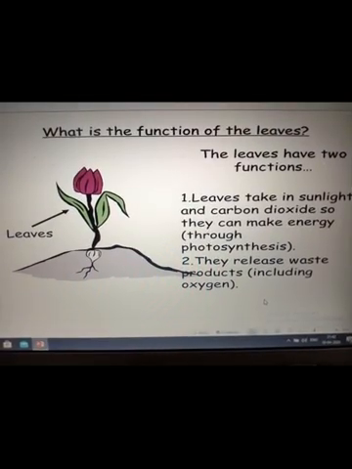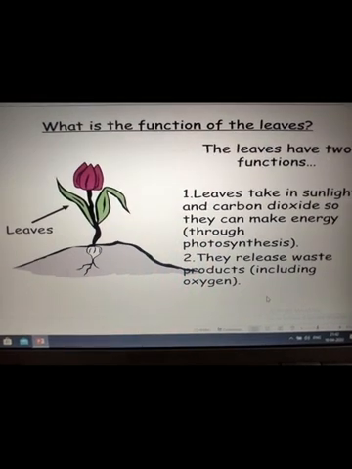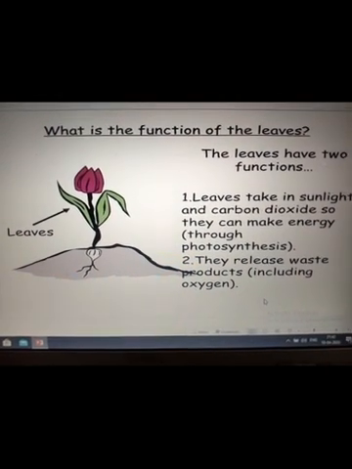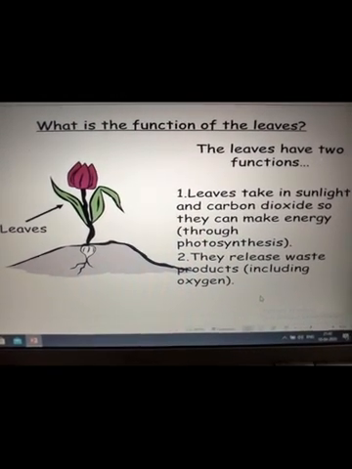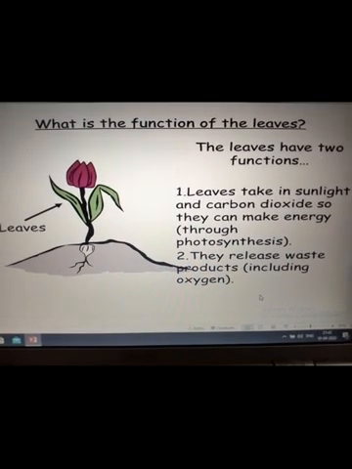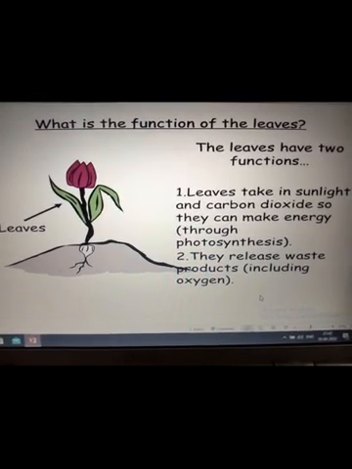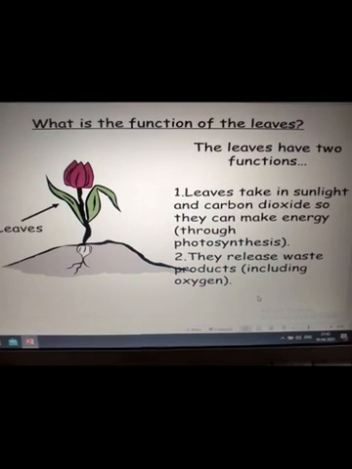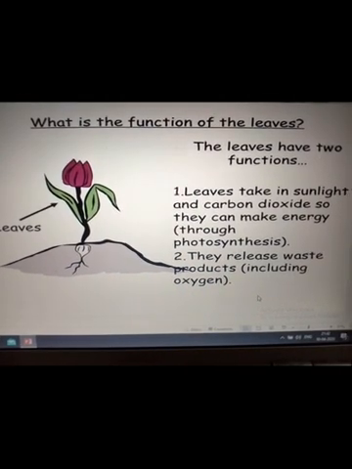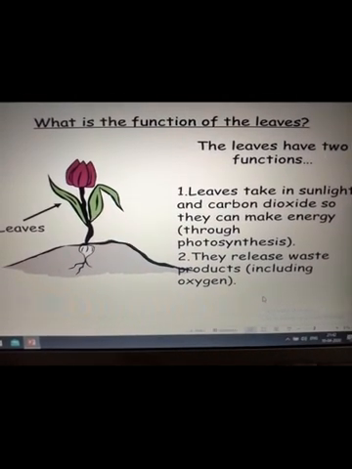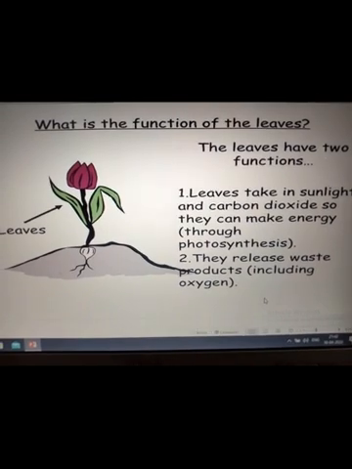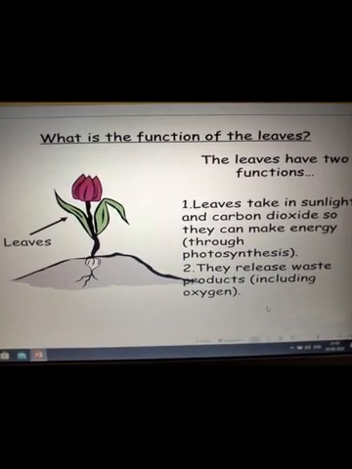Next is leaves. What is the function of leaves? Leaves take in sunlight and carbon dioxide so they can make energy. Energy means food. So they can make food by the process of photosynthesis.